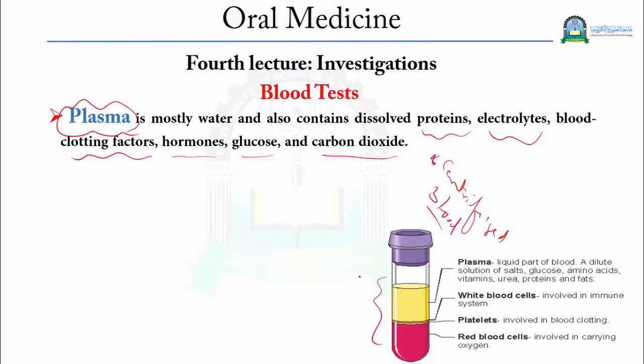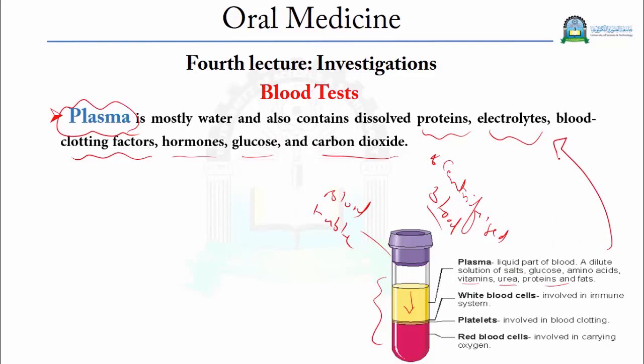The centrifuged blood will appear as in this picture in the blood tube. This part is the plasma, the liquid part of the blood, a dilute solution of salts, glucose, amino acids, vitamins, urea, proteins and fats, as we mentioned in this part of the slide.